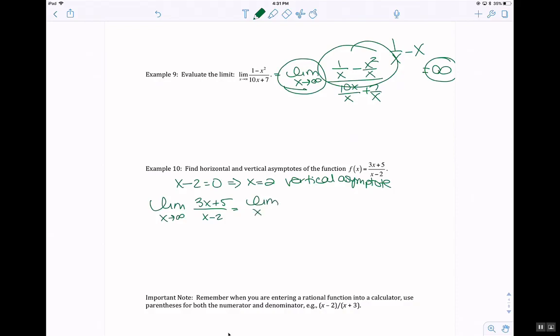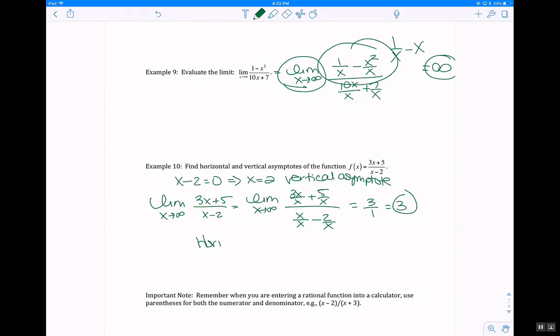Limit as x approaches infinity, 3x over x plus 5 over x, over x minus 2 over x. So you get 3 over 1, which is 3. So your horizontal asymptote is y is equal to 3.